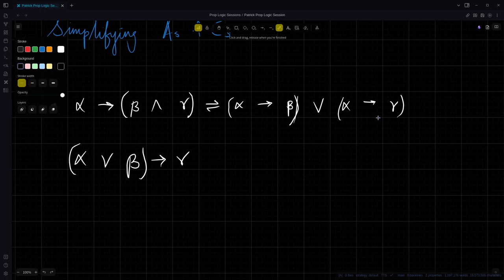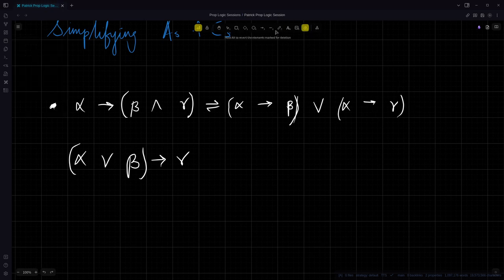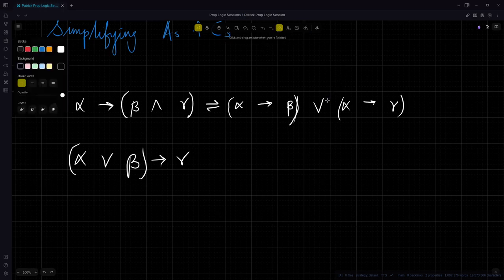So based on our proof, normally it only works with a conjunction. Wait, why would it only work with a conjunction?